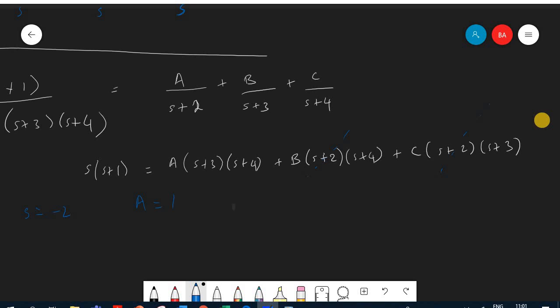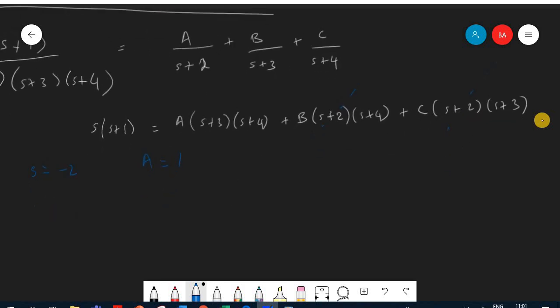And then similarly, of course, if you substitute s equal to minus 3 to find the value of b, you're going to find that the value of b is equal to minus 6, and if you substitute minus 4, you're going to find the value of c to be 6.